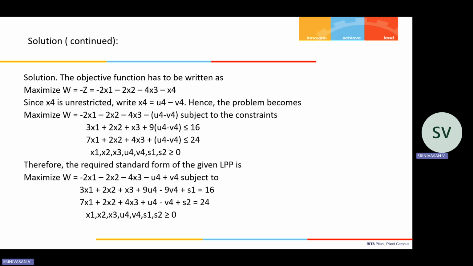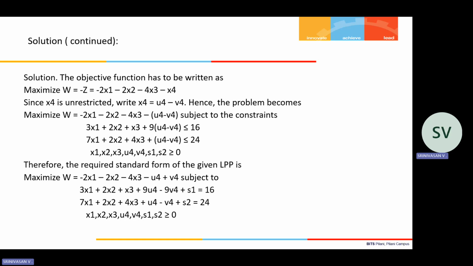So when you take minus Z, that is your new variable, because it has to be transformed from minimization to maximization. So when you want to maximize in order to standardize, you introduce the new variable W in terms of the Z that is available in your question. Minimizing Z is the same as maximizing W, where W is minus Z. So what is minus Z?